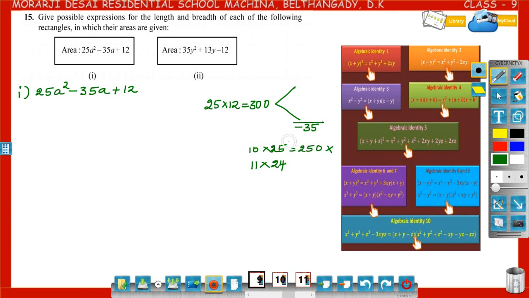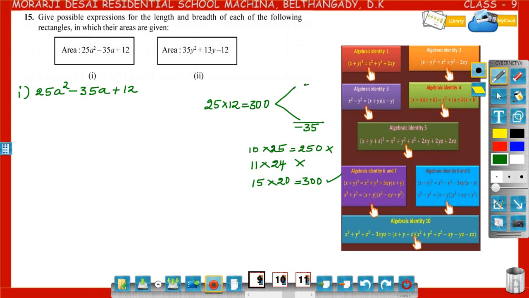We won't get 0 at the end. So this is not possible. Then if I take 15, to get the sum 35, I have to take 20. 15 twos are 30, yes, 300. So this is possible. 15 into 20 is 300. You have to find the numbers by trial and error method.